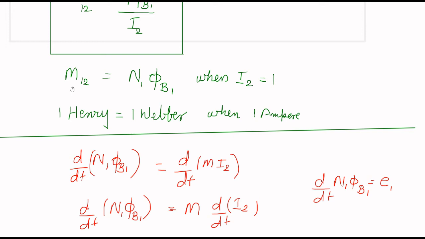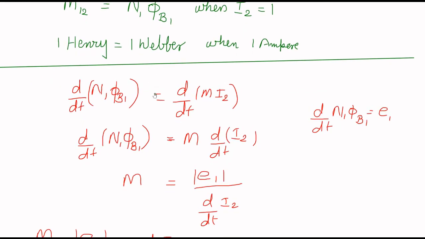So mutual inductance is 1 Henry for a coil if flux through the same coil is 1 Weber, when current through the neighboring coil is 1 ampere.